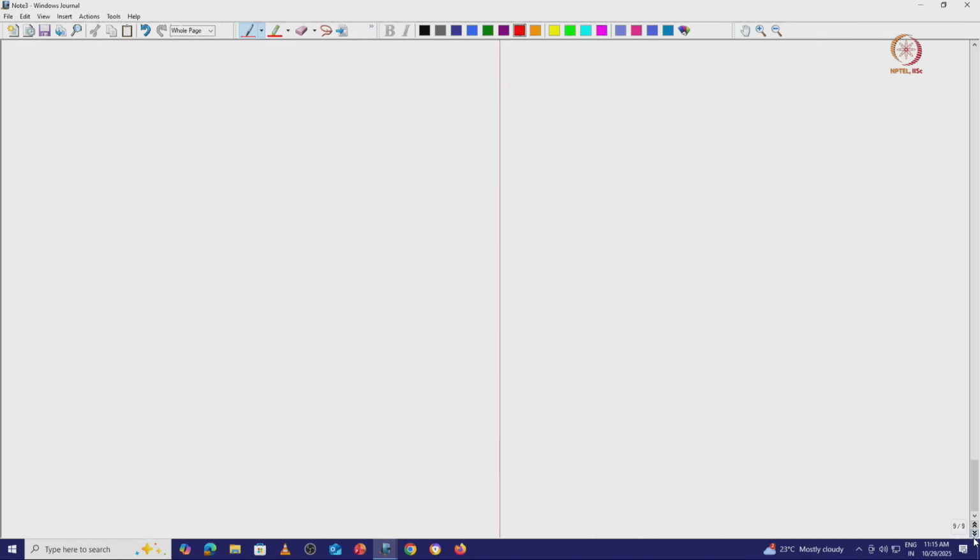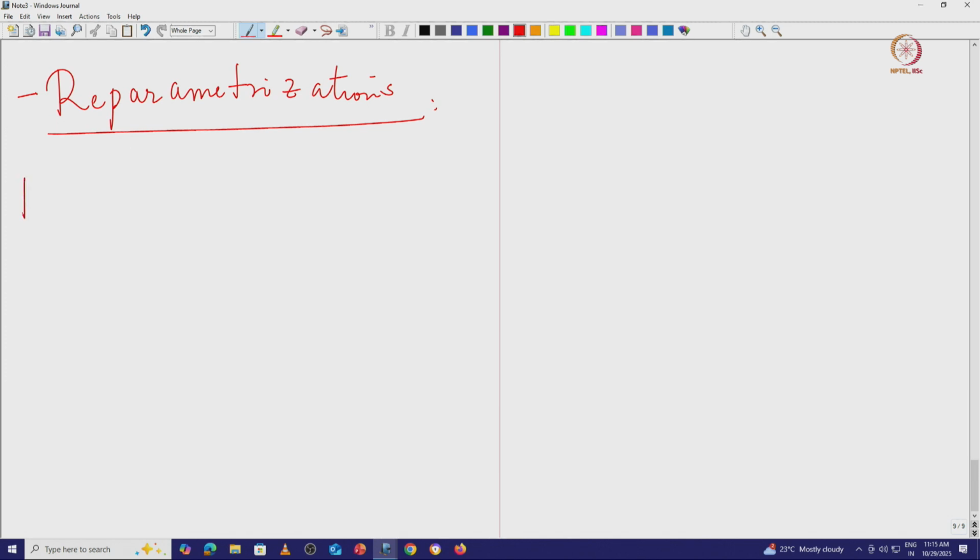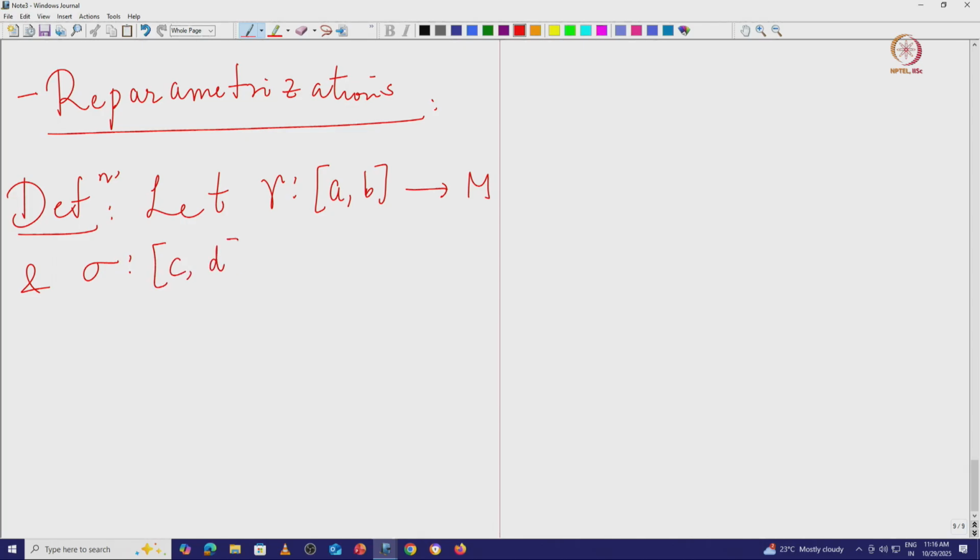Since I have talked about reparametrizations, let me formally define what a reparametrization is for admissible curves. Here is a definition. Let gamma from A to B to M and sigma from C to D to M be admissible curves.